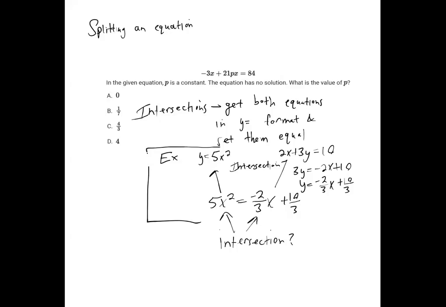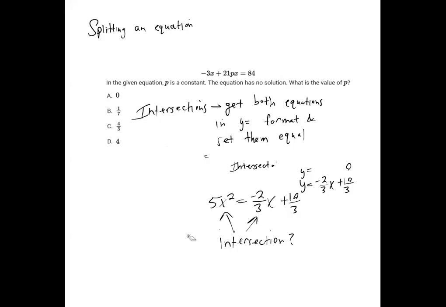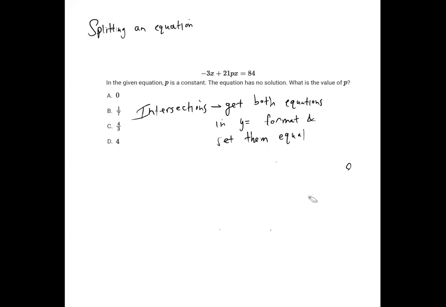We're going to take the original equation they gave us and imagine, what if we had y equals negative 3x plus 21px, and what if we had y equals 84, and what if what we were looking at in the beginning was an intersection?